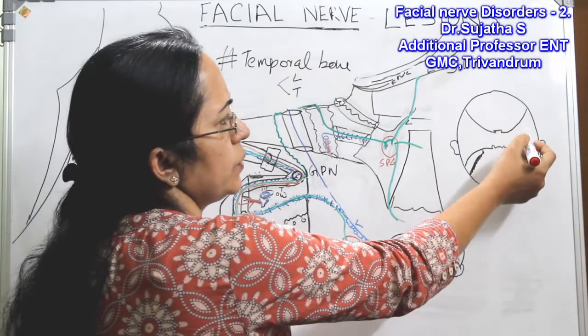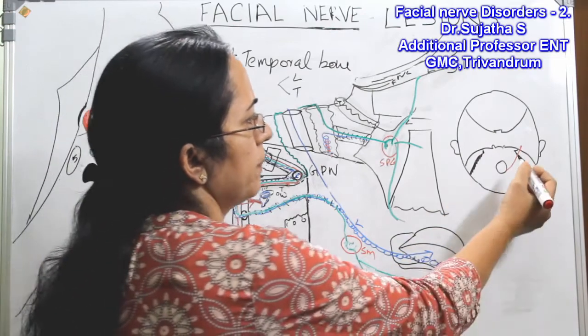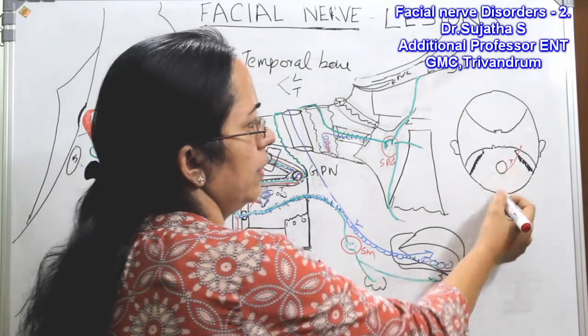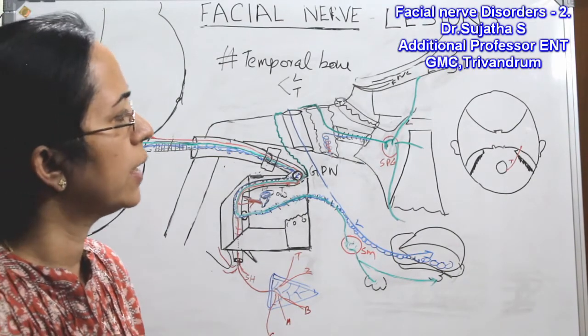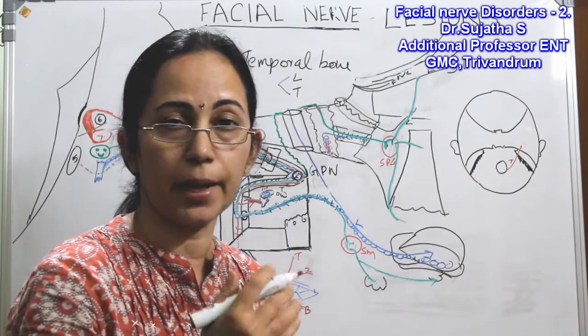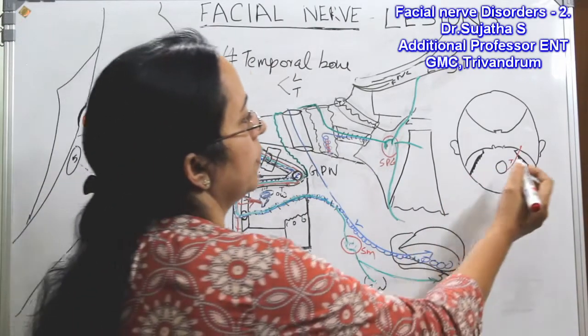This is the anterior cranial fossa and the middle cranial fossa. So from the middle cranial fossa goes the transverse fracture, and the longitudinal fractures run parallel to the long axis of the petrous part of temporal bone. It will be almost like this.